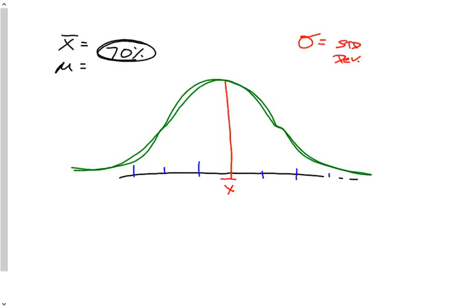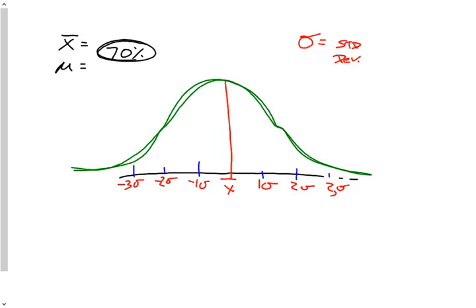We're going to measure out 1, 2, 3 standard deviations each way. So rather than go 70, 80, 90, 100, then 70 the other way, we're going to call this standard deviation, and that will measure how spread out my data is.